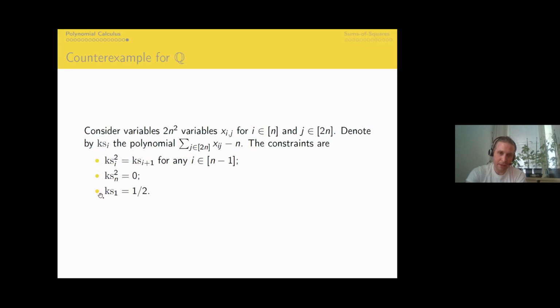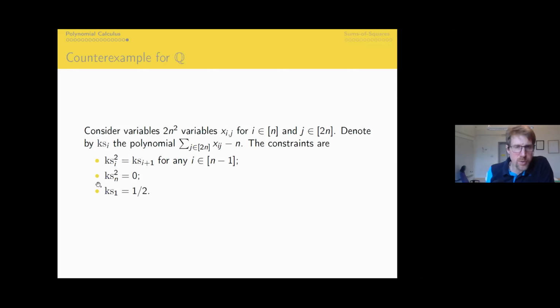This last constraint by itself is unsatisfiable over the Boolean values, but this needs degree n to refute in polynomial calculus.